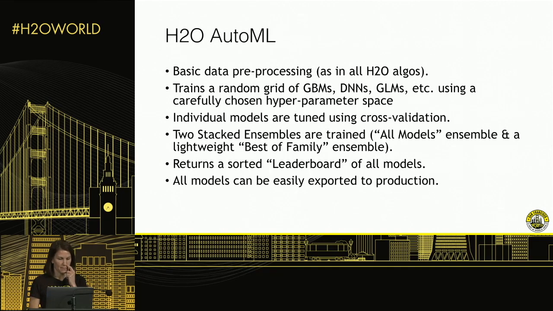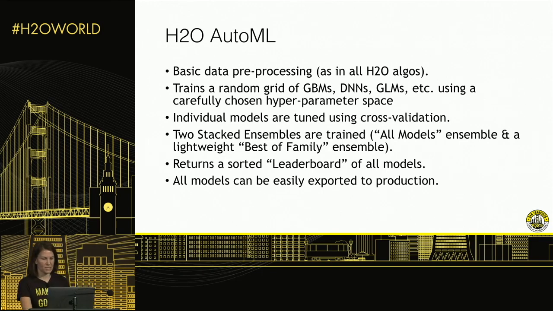And we tune all the models individually using cross-validation. Then at the end, we train 2 stacked ensembles, one which will have all the models in it, and that's typically the best model when you sort them by performance. And then we have a lightweight model that we call the best of family. What that is, it takes the best model from each algorithm: best GBM, best XGBoost, best deep learning, best random forest, best GLM, and it creates just a very small ensemble.